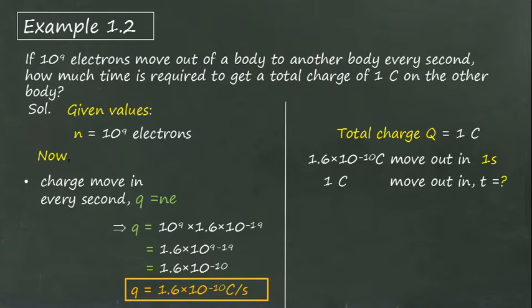So here we can cross multiply. T is equal to 1 coulomb multiplied by 1 second divided by 1.6 × 10^-10 coulomb, which is equal to 0.625 × 10^10. So 6.25 × 10^9 second.